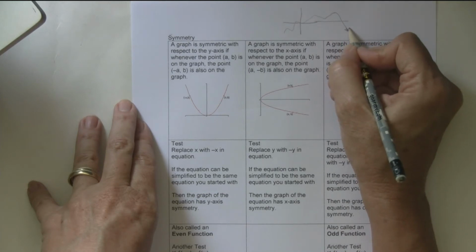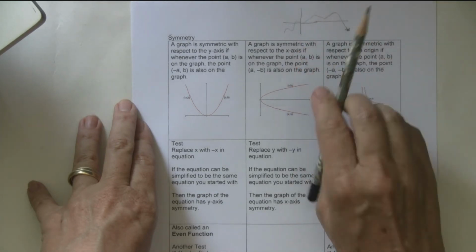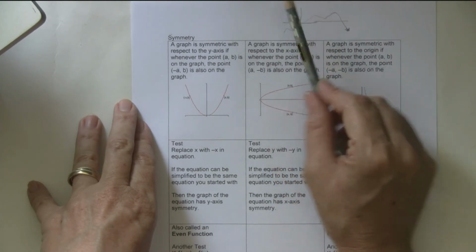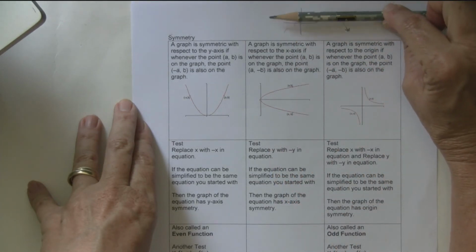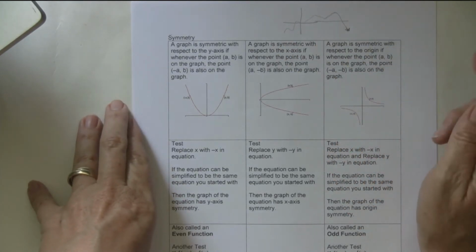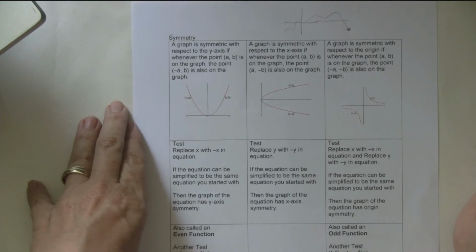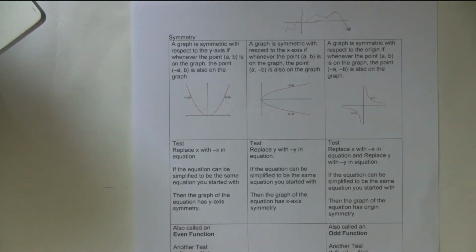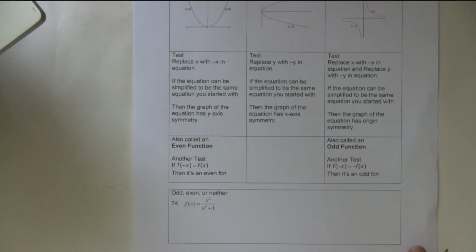There's a down arrow, whatever have you. So it doesn't look the same through the y-axis on each side. It doesn't look the same through the x-axis on each side. And I tried to make it look not like it had any origin symmetry or anything. So that would be neither. It doesn't have any symmetry.